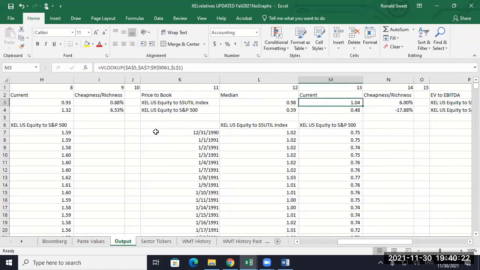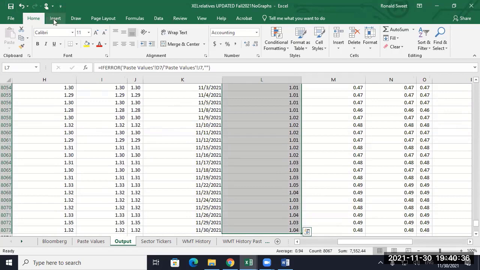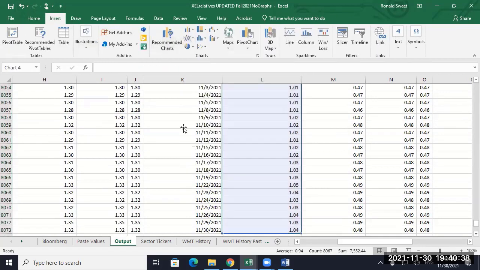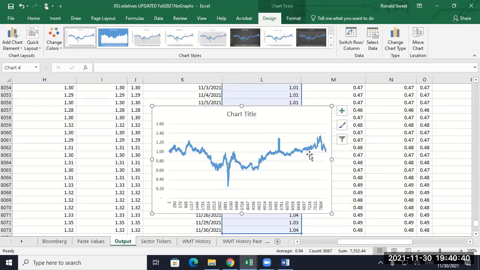Right now they're trading about 4% rich. But historically, they're trading cheap relative to the S&P, and that's probably because of the heavy tech influence. But it looks like a fairly consistent number for them, rotating around one. They were real expensive not too long ago, but now they're right back in line with their historical numbers.